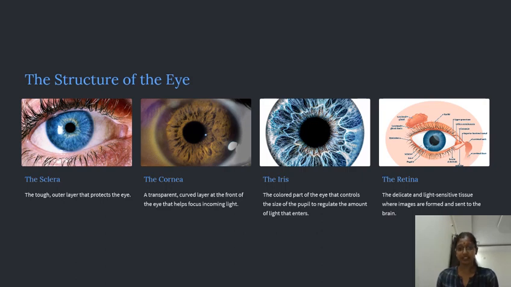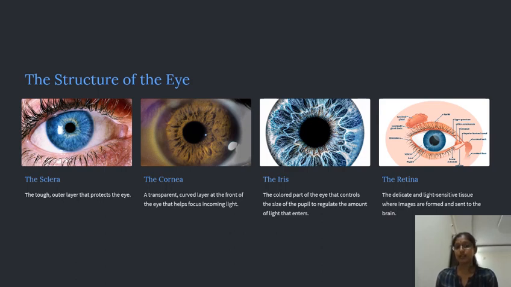It is very delicate. Then the cornea. Behind the sclera, we can see the cornea, a transparent curved layer at the front of the eye that helps focus incoming light. So this cornea will focus the incoming light which first falls on the eye.